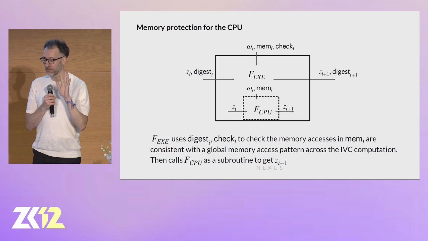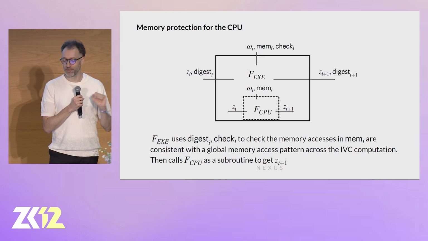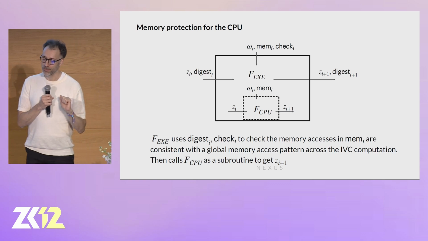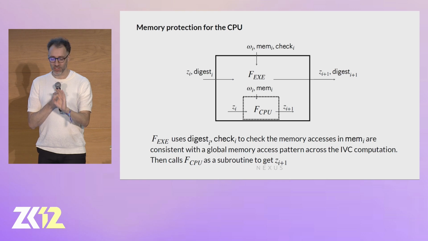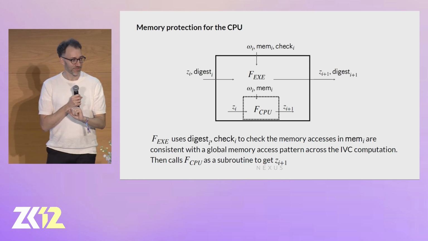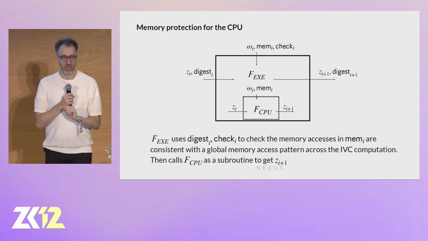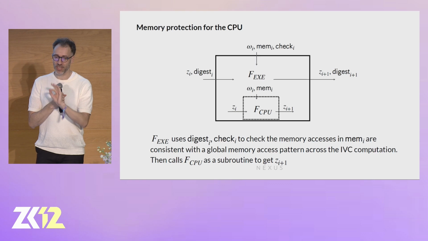So think of this for now just as a hash or a commitment to the memory. And then when we give the transition function these memory addresses, let's also give it some information so it can check that these accesses are correct.